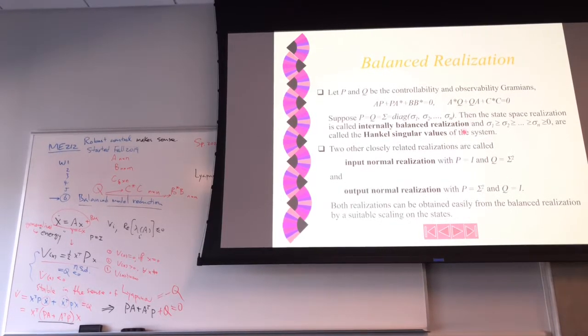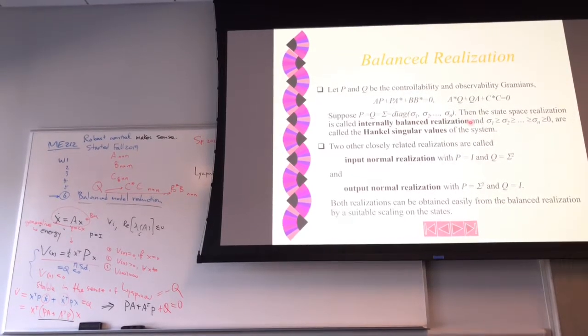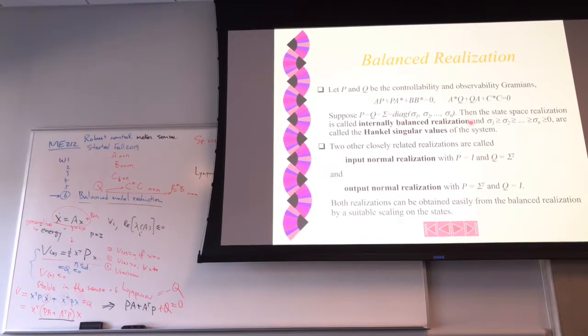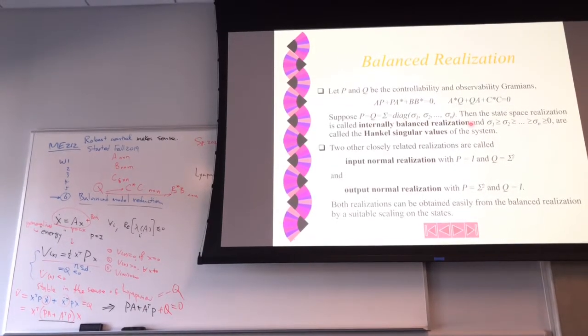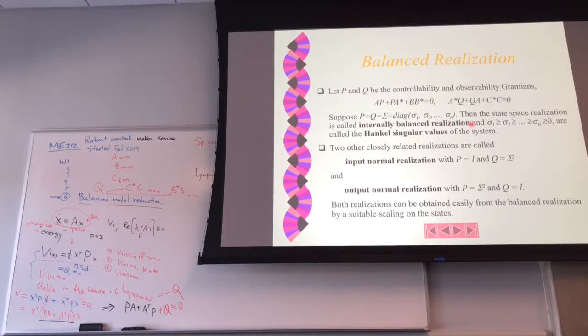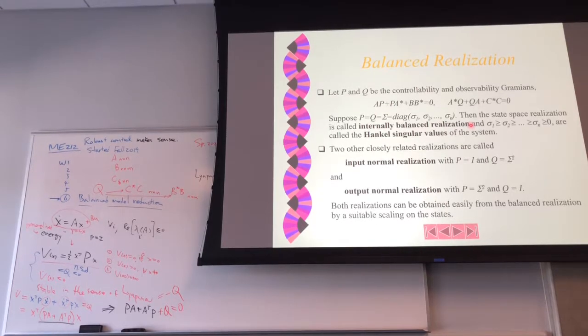Balanced realizations are both controllable and observable, and P equals Q equals that diagonal. That is called internally balanced, for equally observable and controllable. So balanced realization means making P and Q diagonal. And the diagonal is called the Hankel singular values of this original system, G of S.